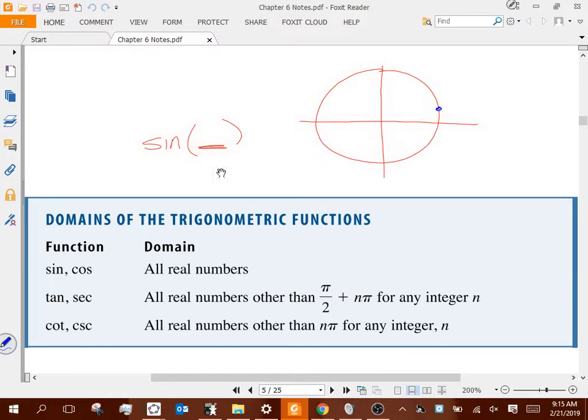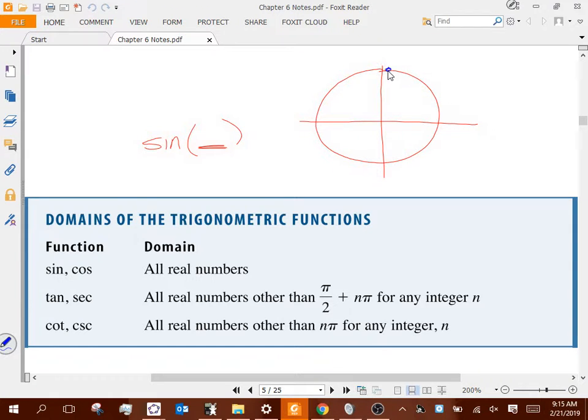Does that kind of make sense? Is this unit circle a complete circle? Are there any gaps or anything like that? No. So this point will always exist. So if that point is always going to exist, doesn't the y value always exist? Right? And saying something is undefined is essentially saying it does not exist. Okay? So I'm always going to have a y value.